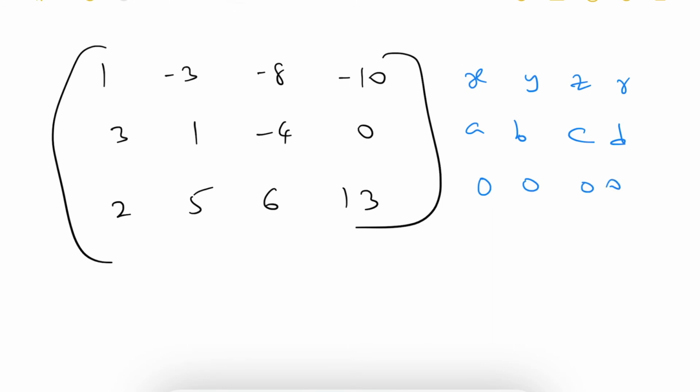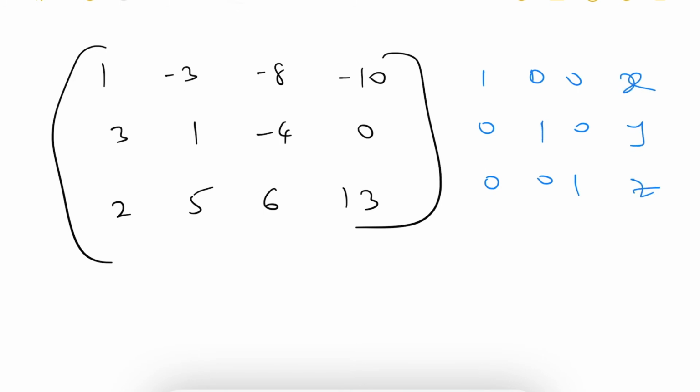Is there any possibility to make one row's elements completely zeros? Otherwise, we get a 3 by 3 unit matrix, 1 0 0, 0 1 0, 0 0 1, including some other fourth column. Of these two possibilities, whichever is possible to get, we will do that.